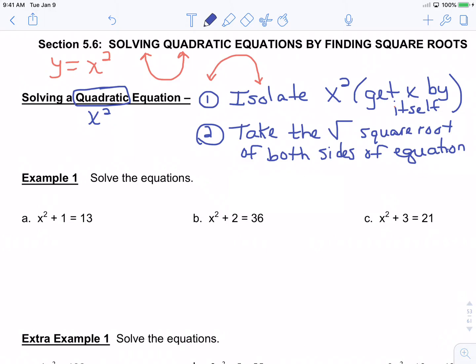And remember, the reason we have to do both sides is because an equation needs to be equivalent. So whatever you do to one side, you have to do to the other.